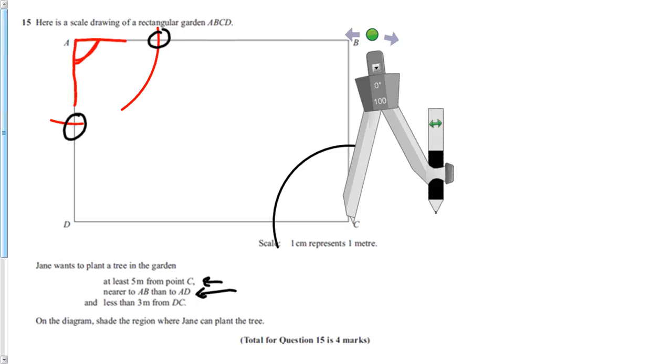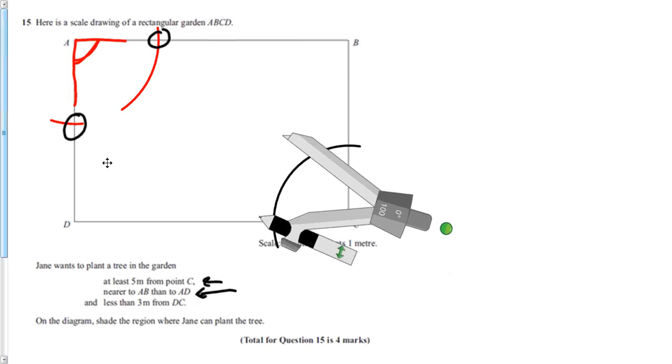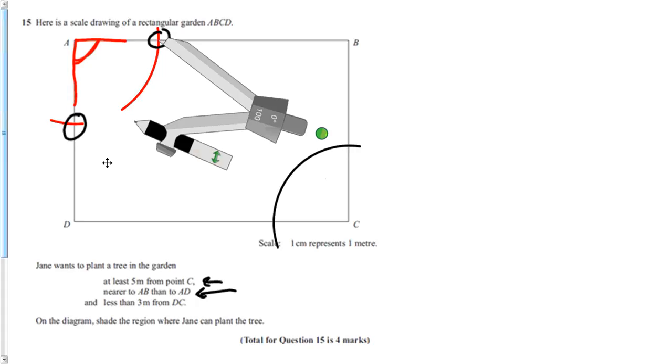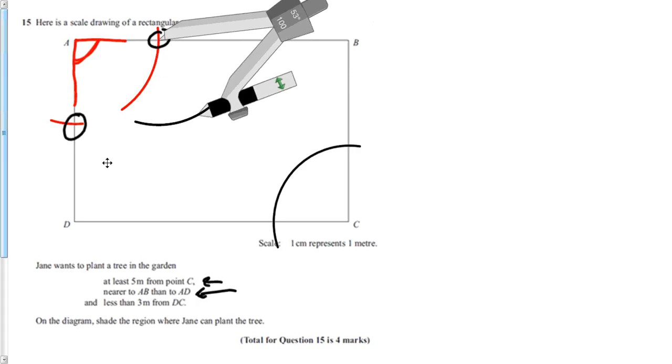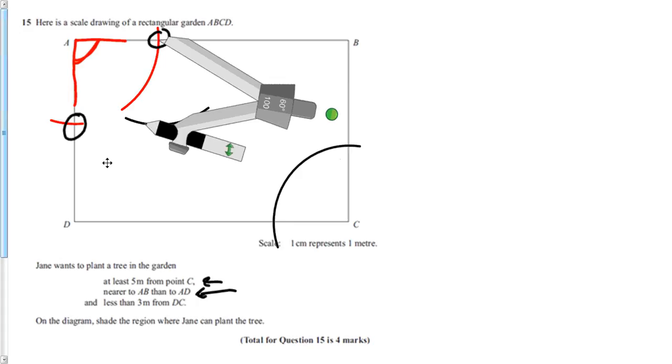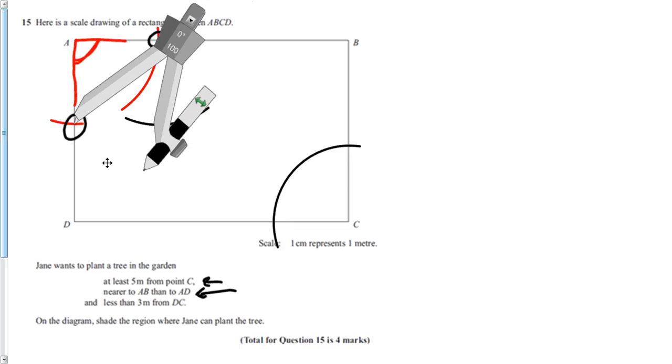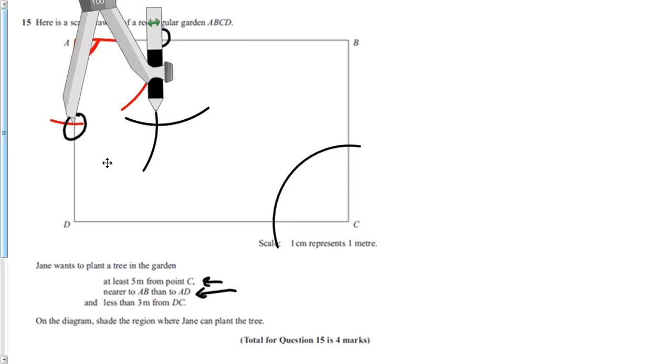The next thing we do is we put our compass point on those marks, and we draw another arc here. We put our compass point on this one here, and we do an arc that then crosses that.